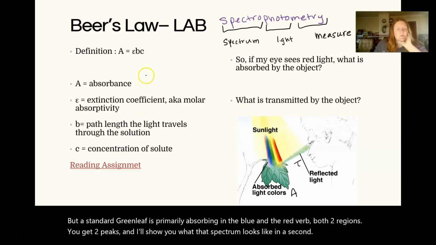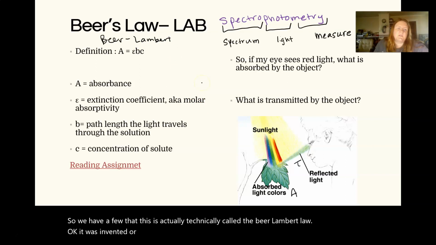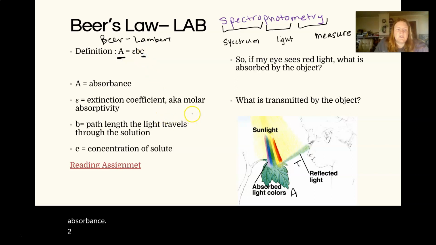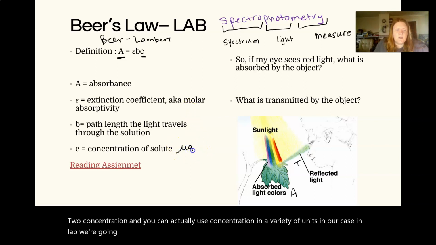So this is actually technically called the Beer-Lambert Law. It was invented or discovered by two different gentlemen, and essentially it relates absorbance to concentration. And you can actually use concentration in a variety of units. In our case in lab, we're going to use micrograms per milliliter because that's what your stock solution is made with.